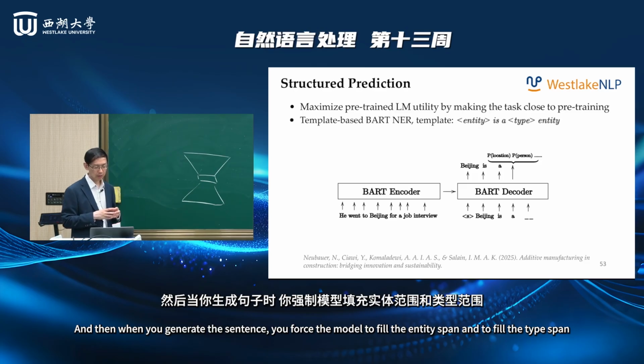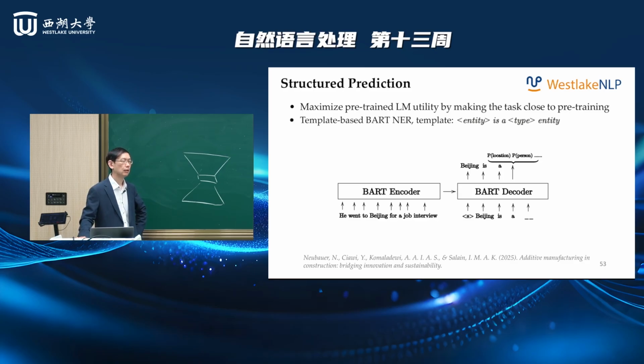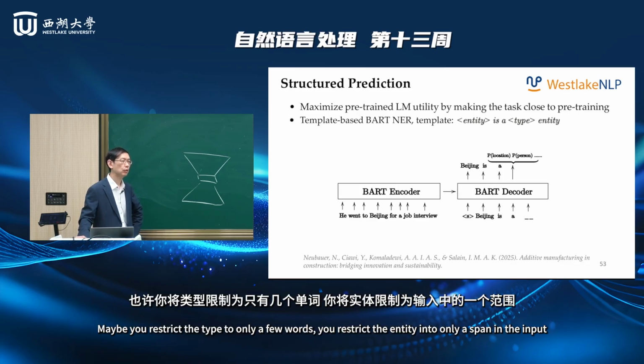And then when you generate the sentence, you force the model to fill the entity span and to fill the type span. Maybe you restrict the type to only a few words. You restrict the entity into only a span in the input.